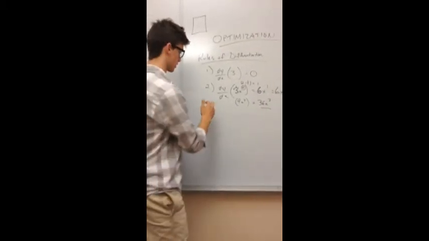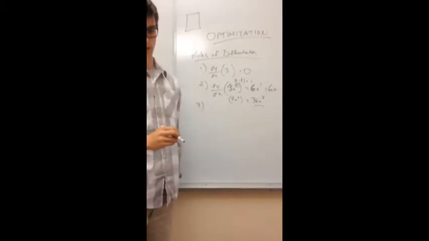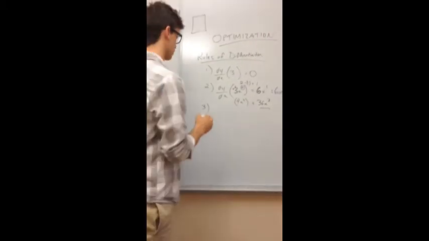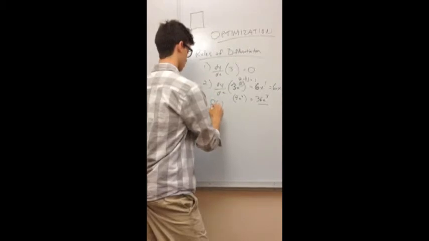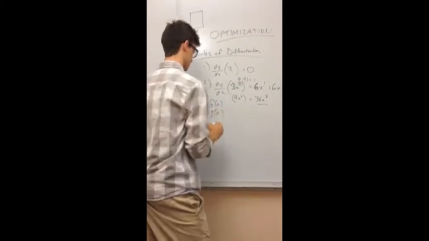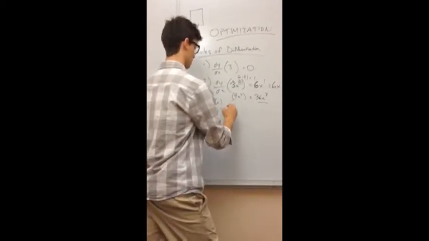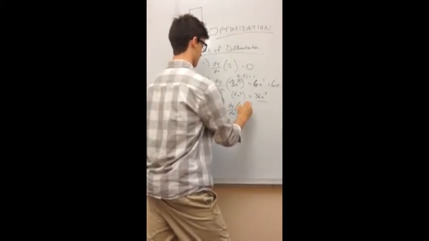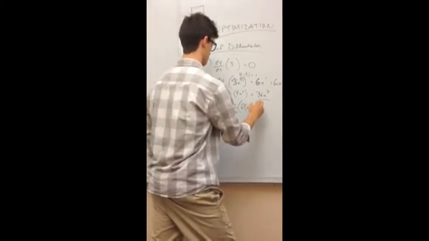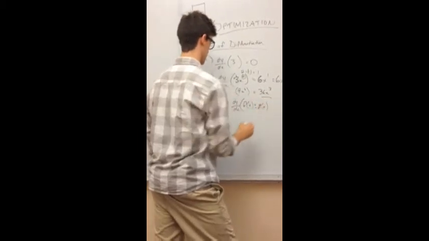The next rule we could talk about would be the sum and difference rule. Say we have one function f of x and one function g of x, and you're asked to take the derivative of f of x either plus or minus g of x, depending on what they ask you.